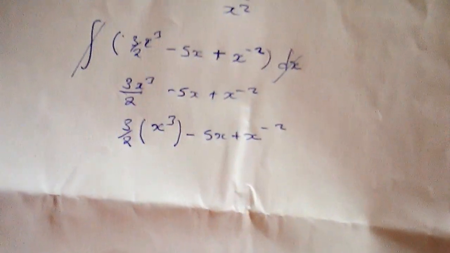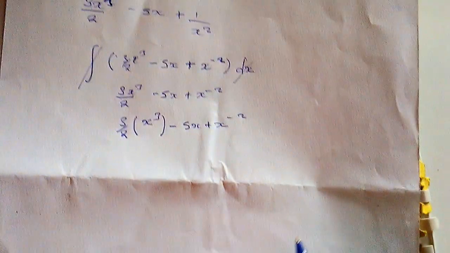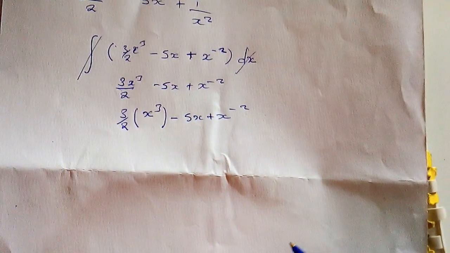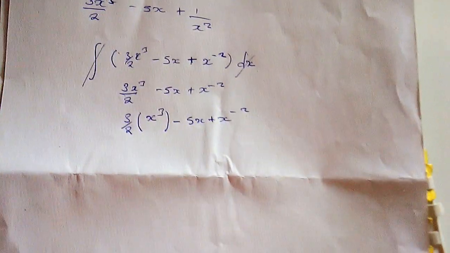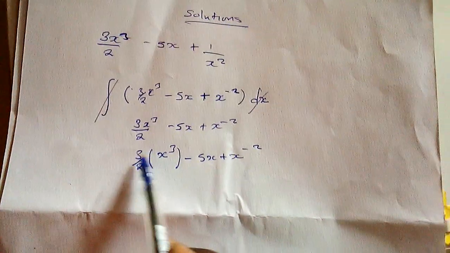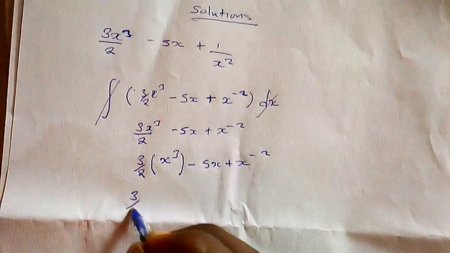So having done that, what will happen? Now we are going to apply a calculus rule under integration. We add 1 to the power, then we divide by the new power. This fraction will come just the way it is.